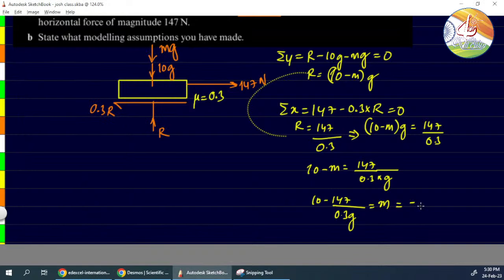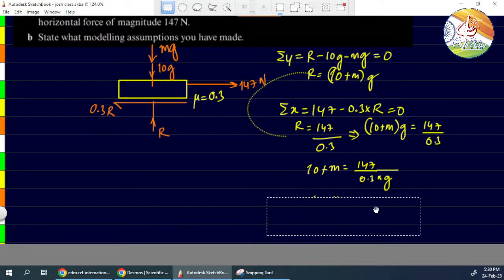How can it be minus? It shouldn't be minus. Something has gone wrong. Here both of them are negative, no? So it becomes plus on the other side. Okay, yes, so plus here.